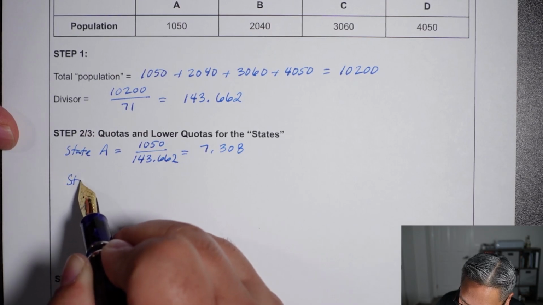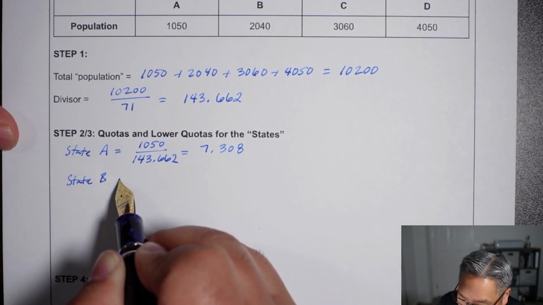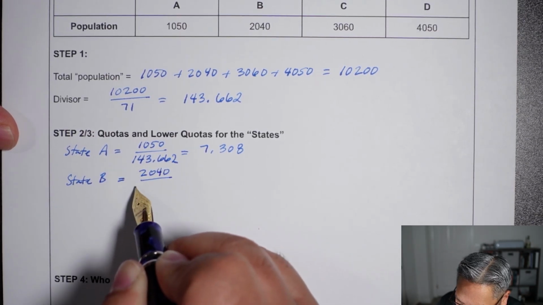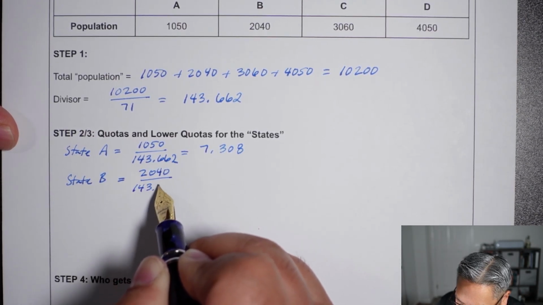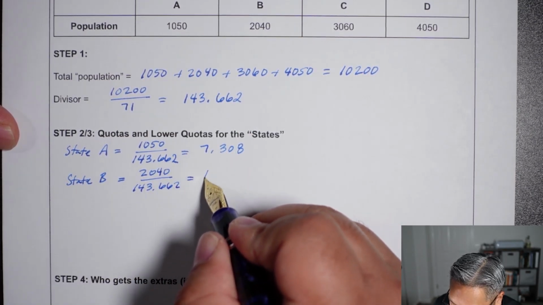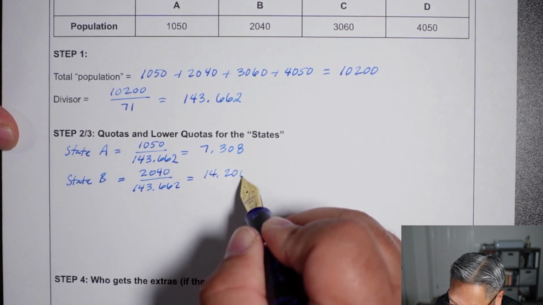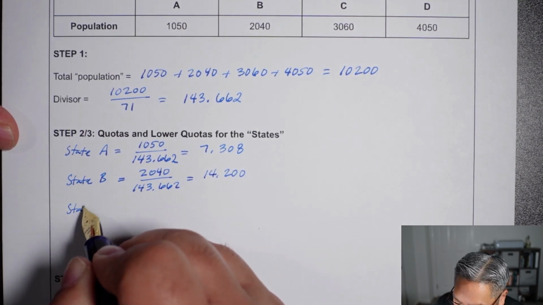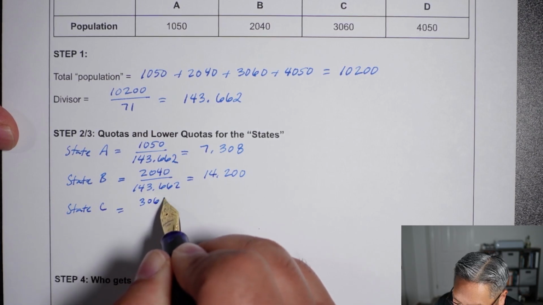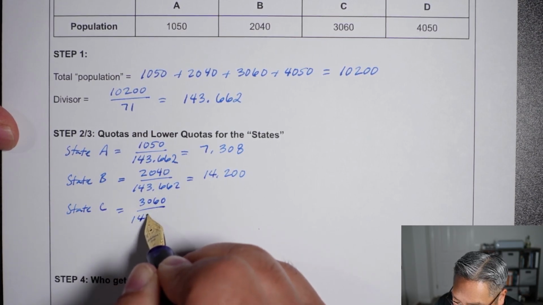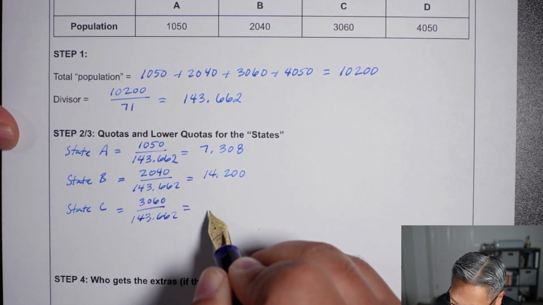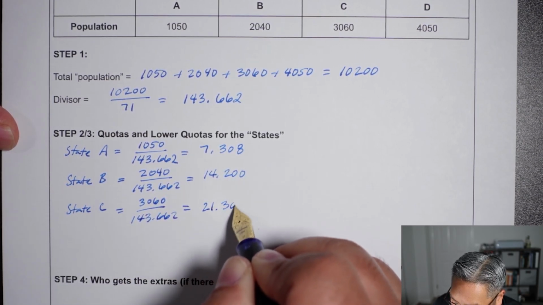State B is 2,040 divided by, again, my divisor, 143.662. And that's going to give me 14.200. State C is my 3,060 divided by 143.662. That's 21.300.